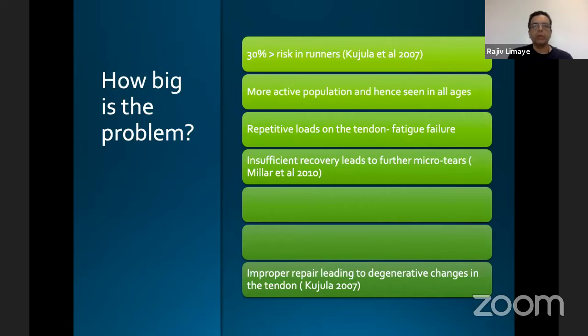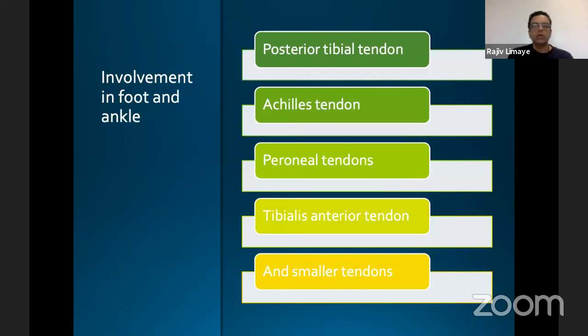which is very popular. So regarding involvement in the foot and ankle, like I mentioned earlier on, the two common tendons which we will discuss in this talk, and which come in the exams as well, are the posterior tibial tendon and Achilles tendon. Some other tendons are also involved, such as peroneal, tibialis anterior, and the smaller extensor tendons.